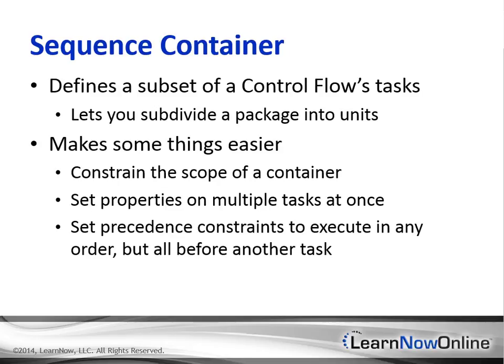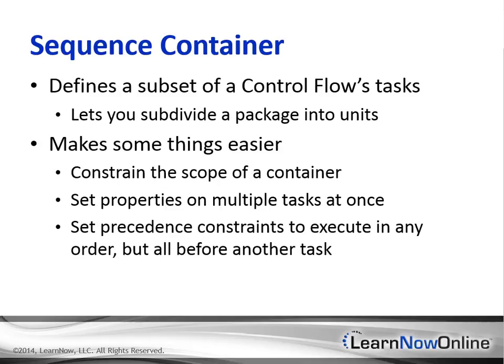Maybe you have 10 tasks that you don't care what order they execute in, but you want all those 10 tasks to complete successfully before some other control flow task executes. So you can start to get the impression that there are some very sophisticated things that you can do with the sequence container, particularly in order to manage the relationships, and particularly the precedence constraints, between groups of tasks and other subsequent tasks.